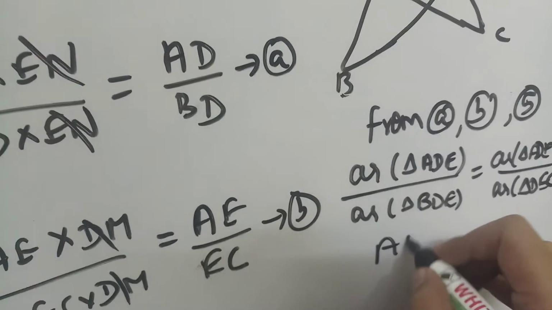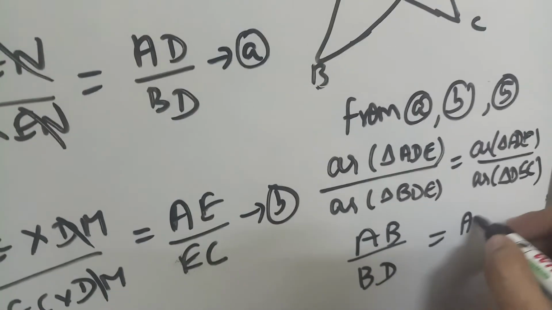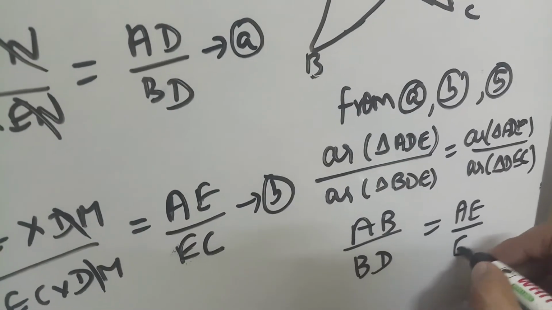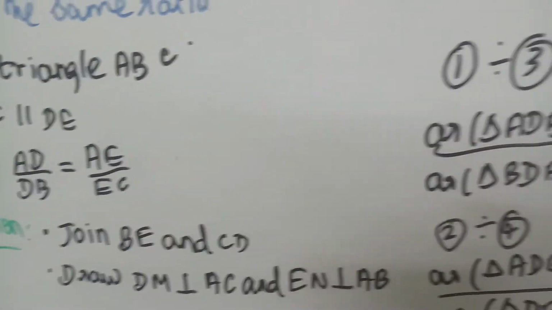Therefore AD by BD equal to AE by EC. This is what we have to prove.